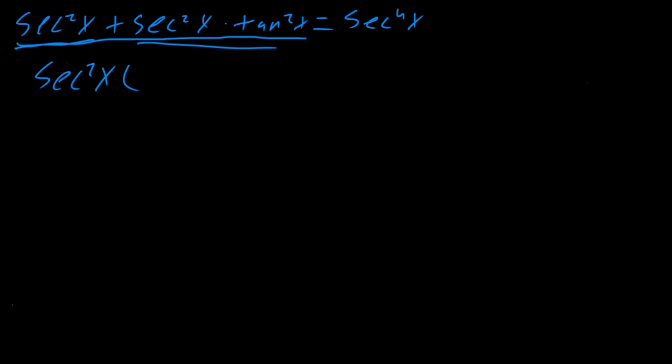So secant squared of x is outside of the parentheses. Secant squared of x divided by secant squared of x is just 1, plus secant squared of x times tangent squared of x divided by secant squared of x is just tangent squared of x.